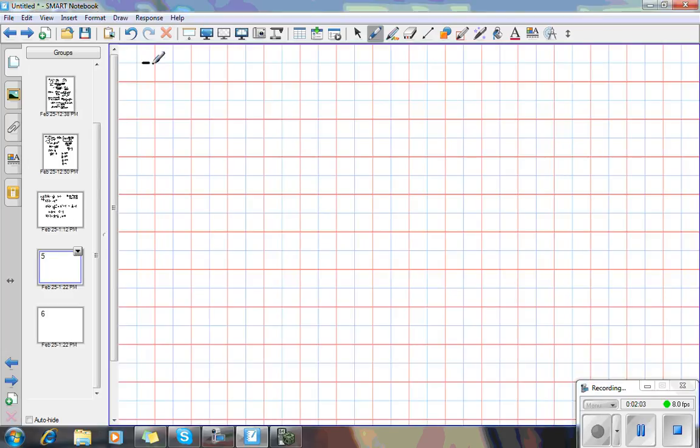Okay, I want to take a look at number 36. On number 36, we're asked to sketch a graph of a function f of x, and we're given some particular information. We're told that f of 2 equals 3, and we're told that f prime of 2 equals 0.